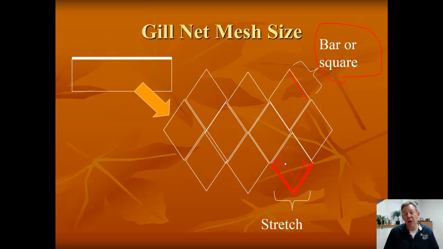And it's called stretch mesh because you grab two opposite knots and you stretch it, and that's what you would record as the mesh size. And so the idea being that stretched mesh is probably a little bit more indicative of what size fish you can catch. It doesn't matter. What matters is that you clearly indicate whether you have, say, for example, a 2-inch bar mesh or a 2-inch stretch mesh. Those are going to be very different sizes.